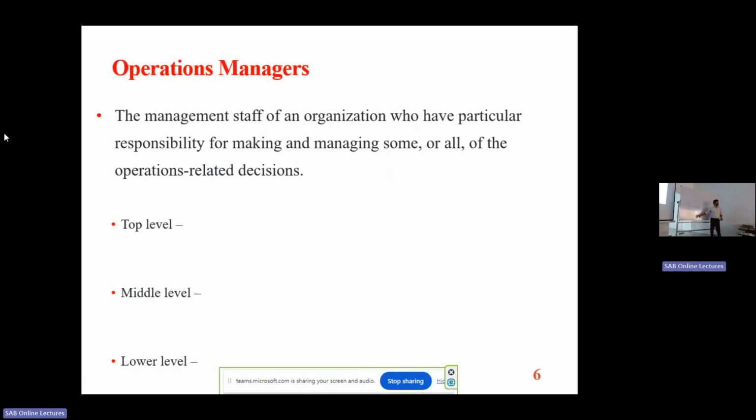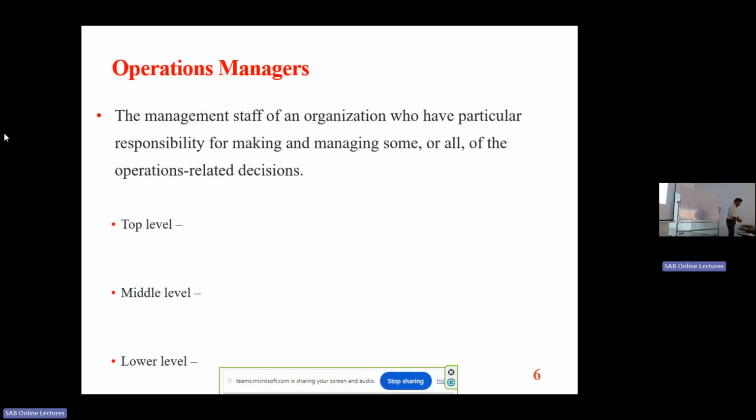Audit supervisor is a kind of lower level management position, but the audit manager is at the middle level, and partners at the top. So these are the operations managers.